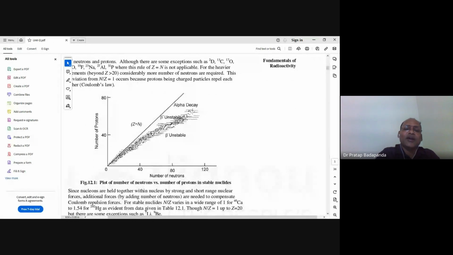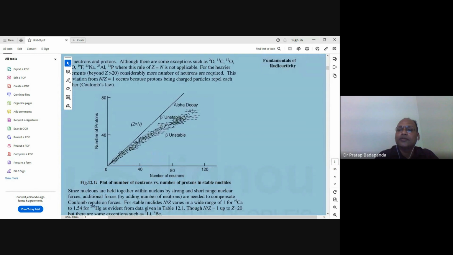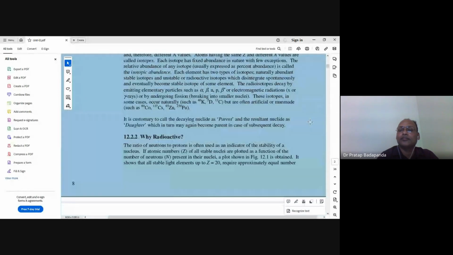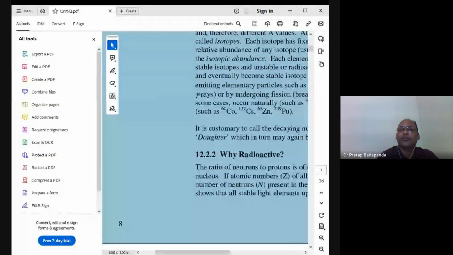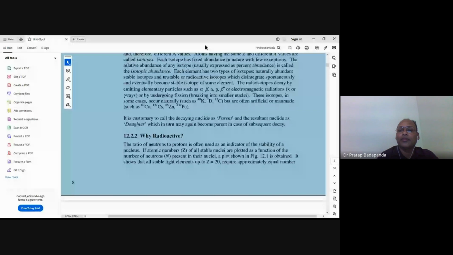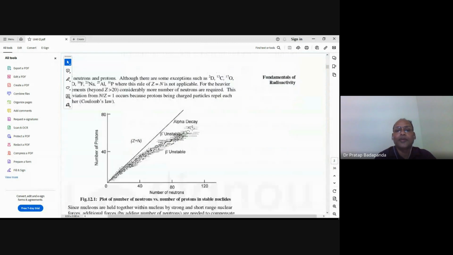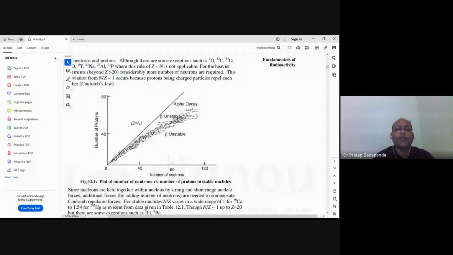See, this is one stable nuclei, where you can see that the number of protons are there and the number of neutrons are here.